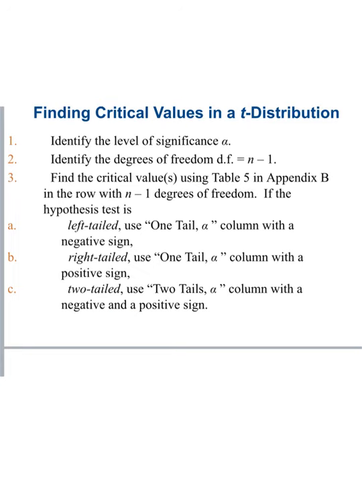Now, identify the level of significance. Remember, it's actually given to you in the problem. Identify the degrees of freedom, because you're dealing with the t-distribution, and in our section here, degrees of freedom is always n minus 1. Find the critical value using the table or technology, working in the row with n minus 1 degrees.